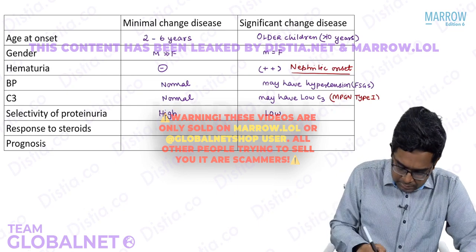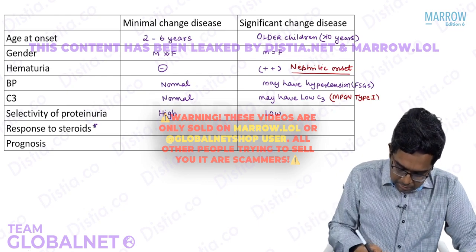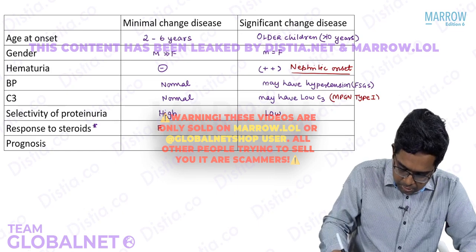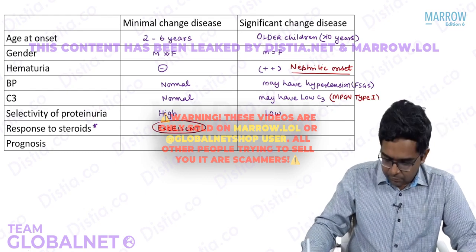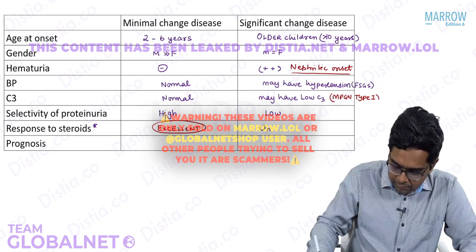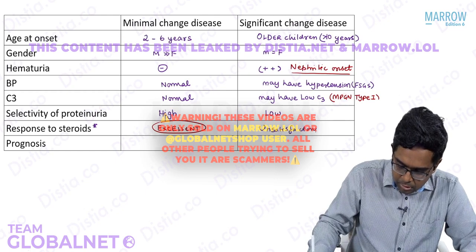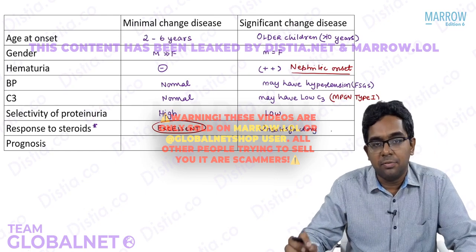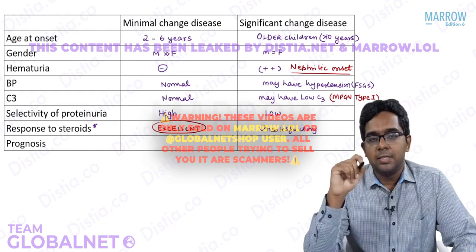Response to steroid, this is the most important criterion. There is an excellent response to steroids, a very important point in case of minimal change disease, whereas in significant change disorder, the response is unsatisfactory. And a good number of children with significant change disease don't even respond to steroid. Finally is about the prognosis.